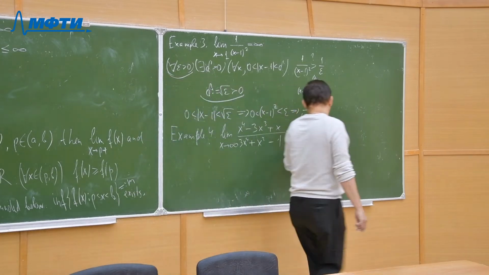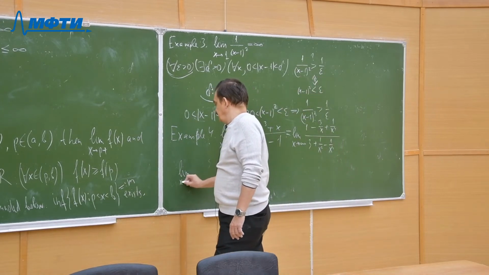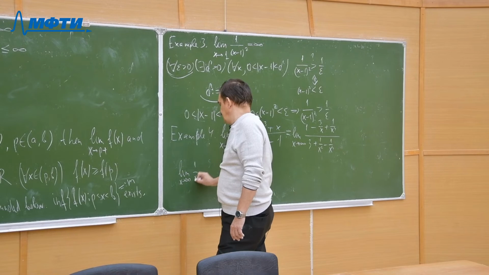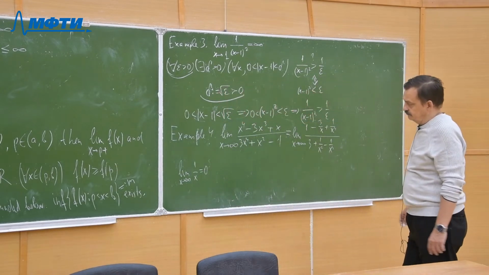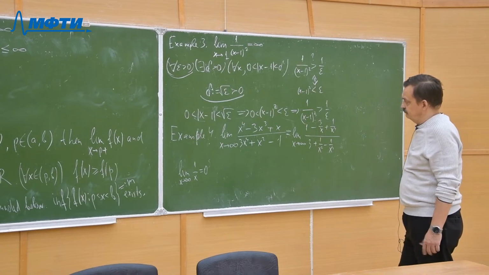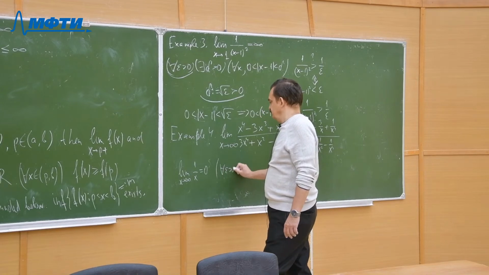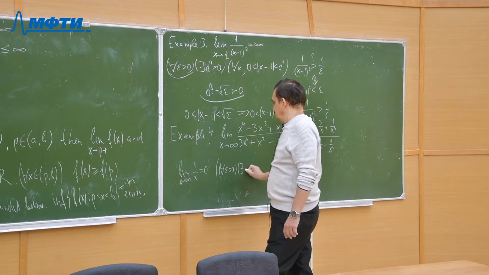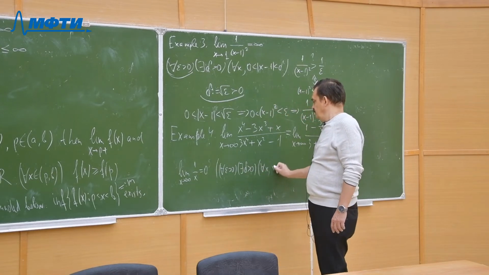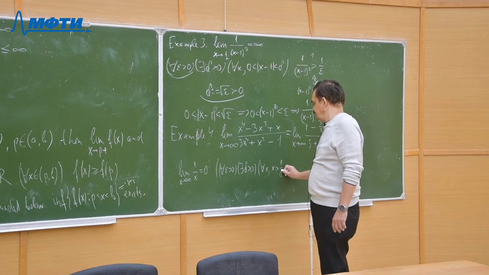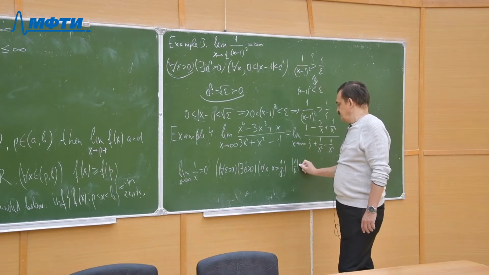And then we use that the limit as x tends to infinity of 1 over x is 0. Because just by definition, what it means is, for arbitrary epsilon greater than 0, there exists delta greater than 0, such that for all x greater than 1 over delta, we have |1 over x| less than epsilon.